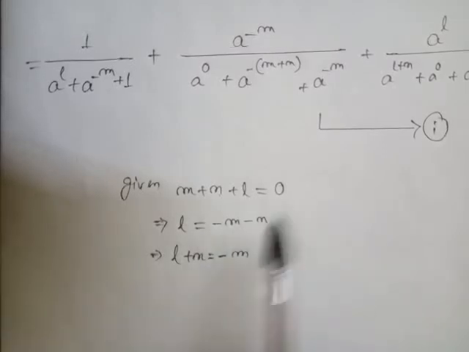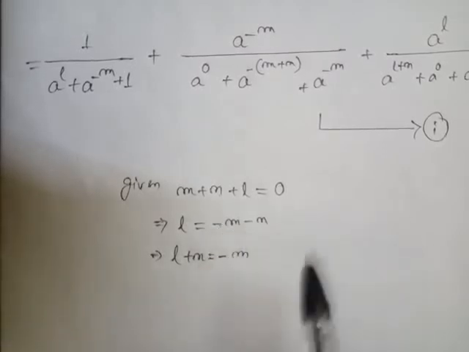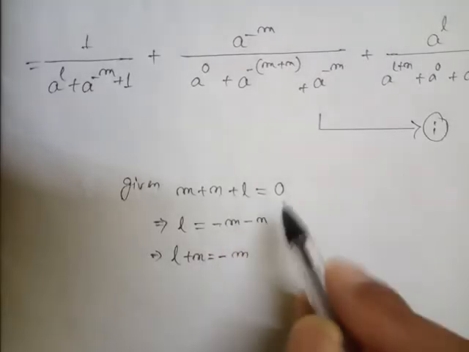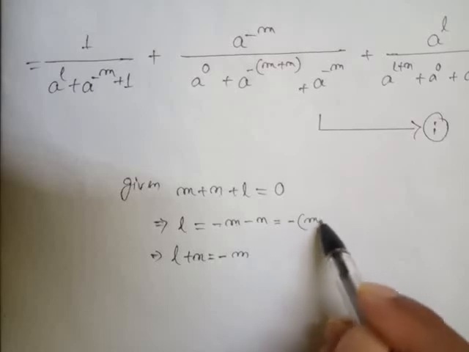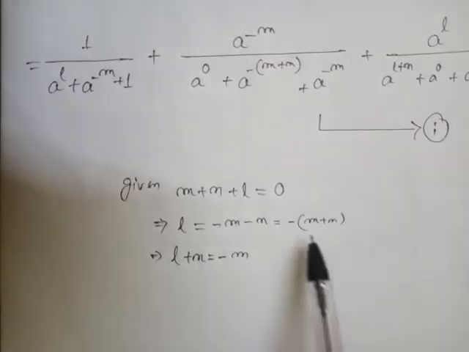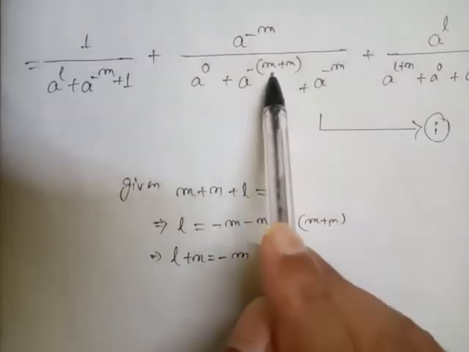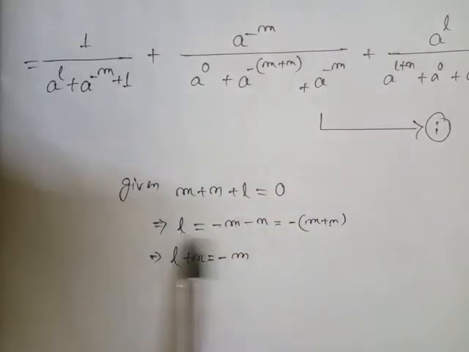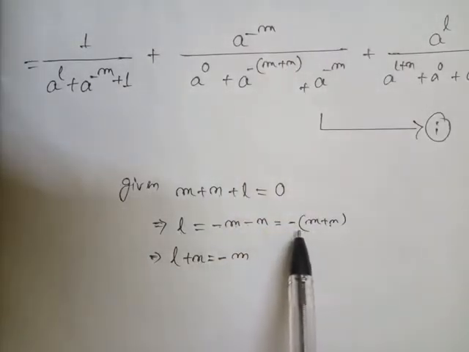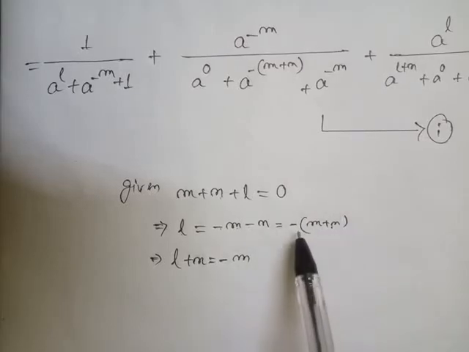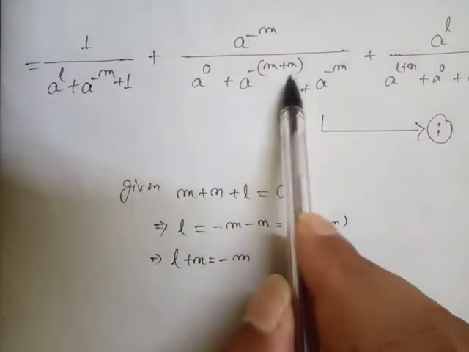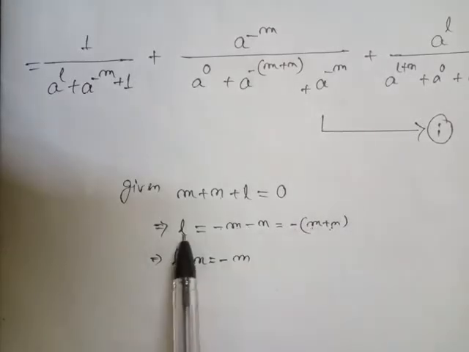Or it's better if I take minus common, then m plus n. Now look here student, in place of m plus n I can use L, since minus m plus n, so in place of this one I can use L here.